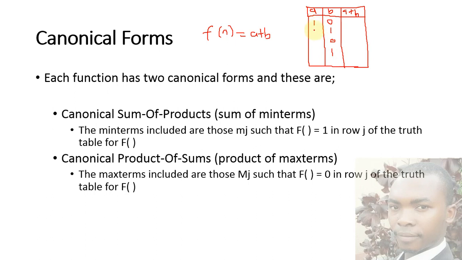Then here, begin with 0, 0, 1, 1. So A plus B, this is an OR operation because it is a plus. So this or that, I get a 0. This or this, I get a 1. This or this, I get a 1. And then this or this, I get a 1.